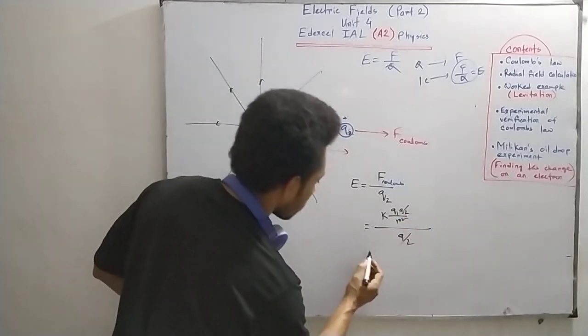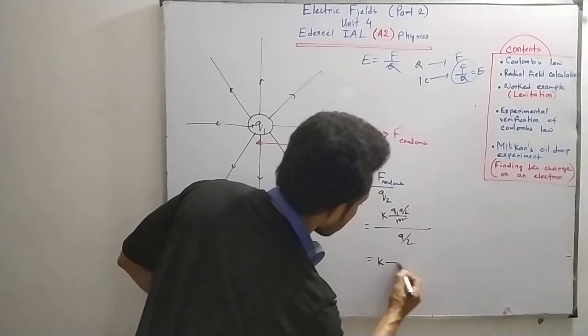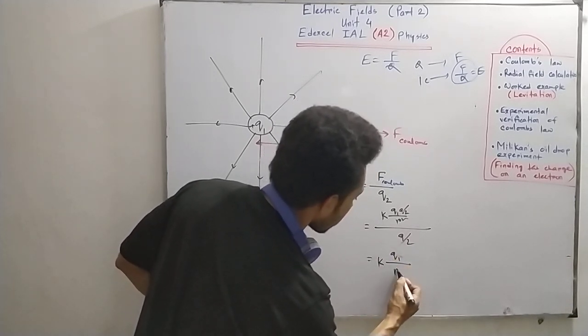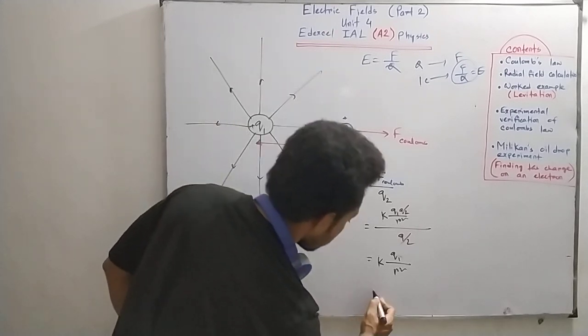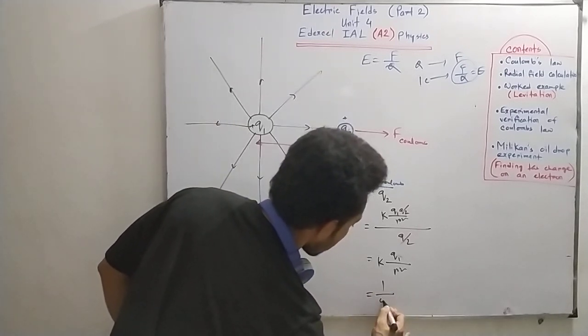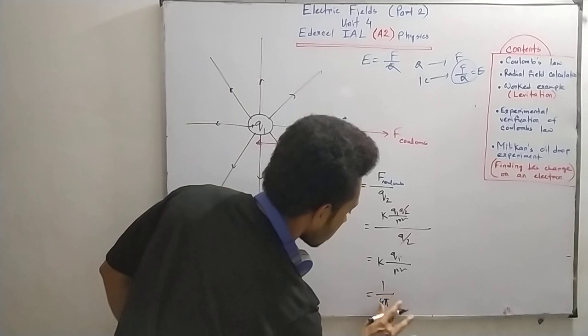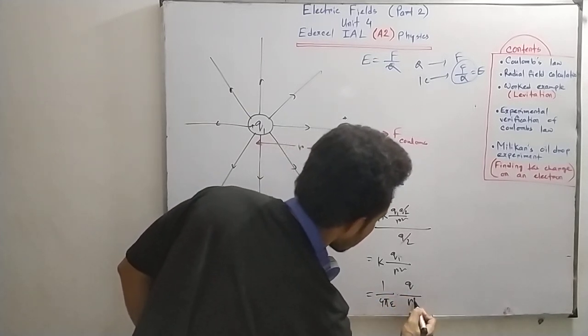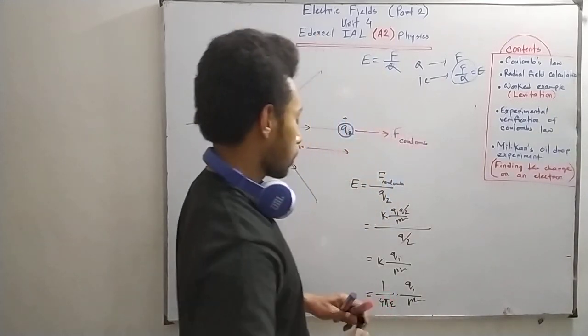So we'll have the formula K Q1 divided by R square, or you can also write 1 by 4 pi epsilon Q1 by R square.